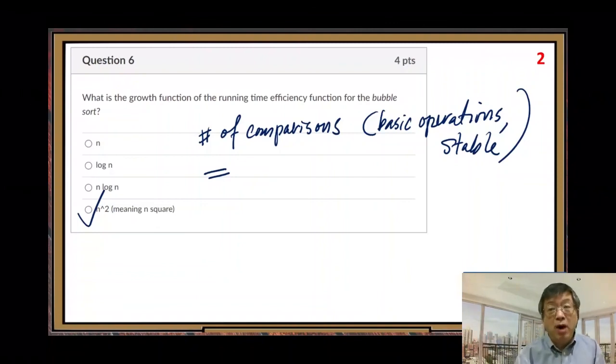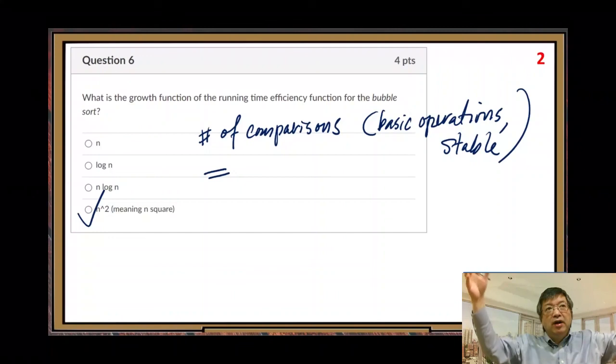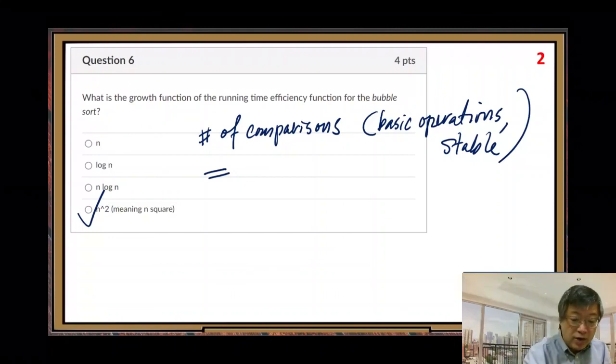Not like swap operations, which are not stable. For some input cases, the number of swaps is very small, very low. For some of the input cases, the number of swaps is very big. Not stable. But the number of comparisons is stable.